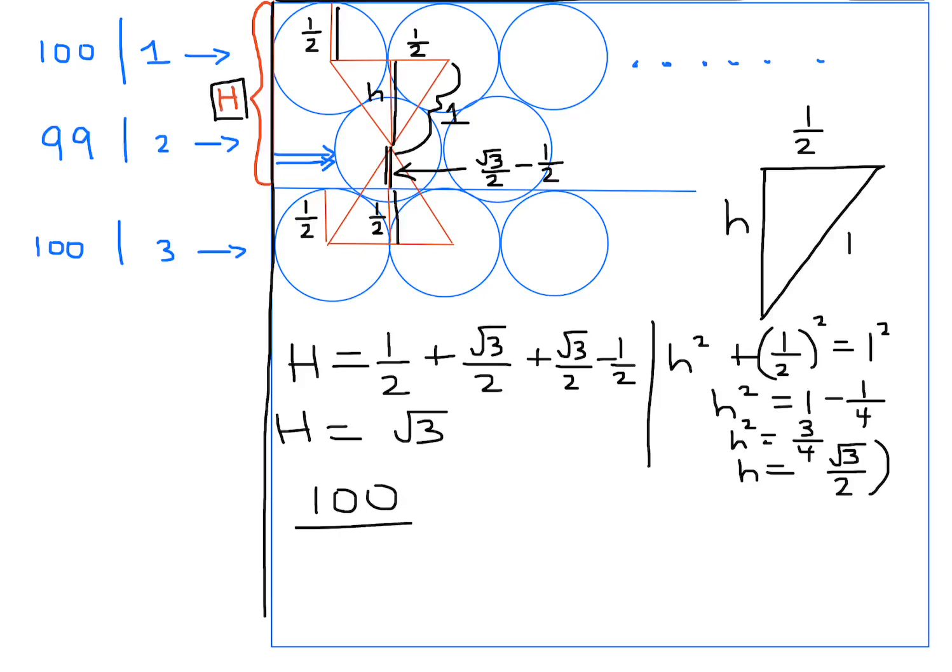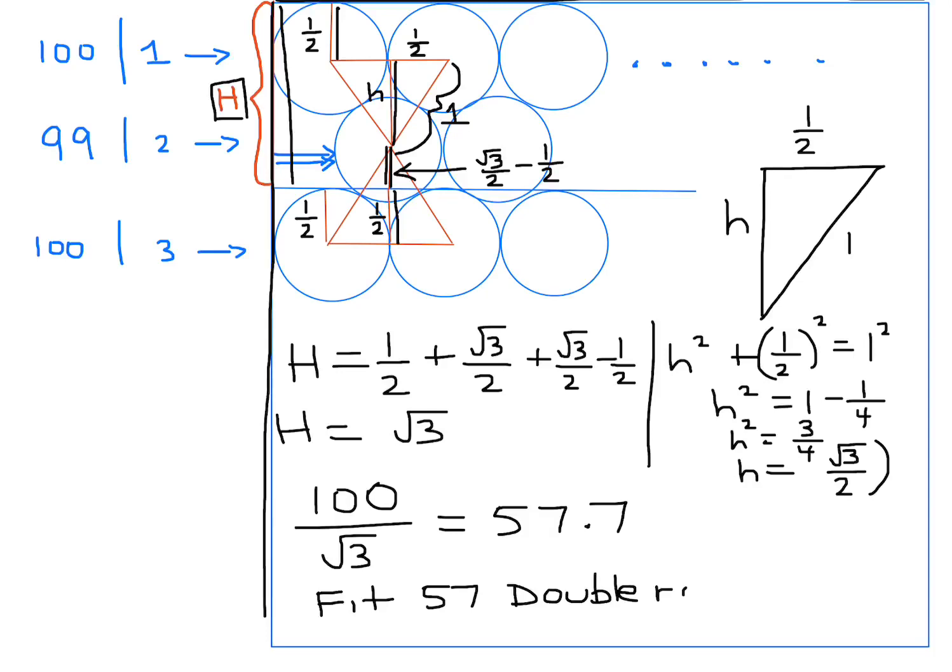Well, you divide 100 by root 3 to see how many times you can fit this double row. All right? And if you do that, you'll get 57.7 approximately. So that means you can fit 57 double rows into this square, because each double row is root 3.